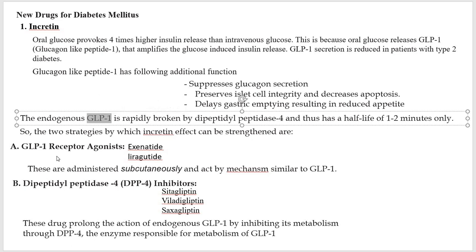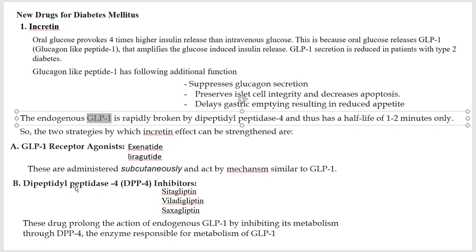Okay, so GLP-1 receptor agonists are exenatide and liraglutide. Okay, and these drugs are administered subcutaneously. Okay, and the second class of the drug is dipeptidyl peptidase 4 inhibitors. Okay, this enzyme is responsible for the breakdown of this GLP-1.